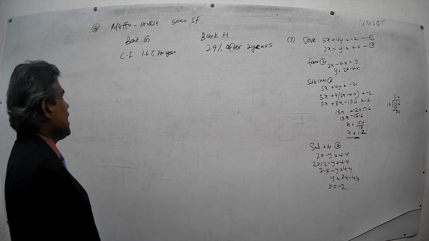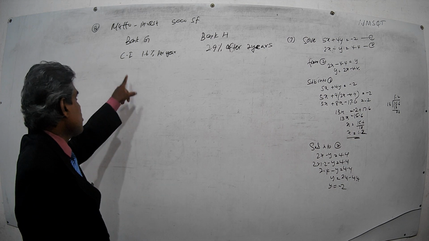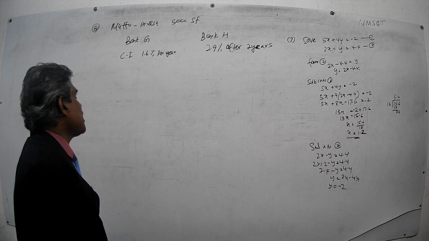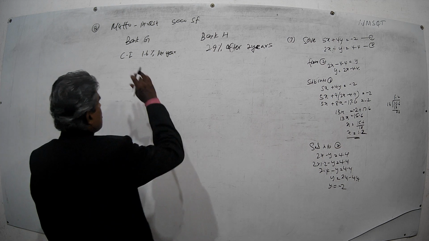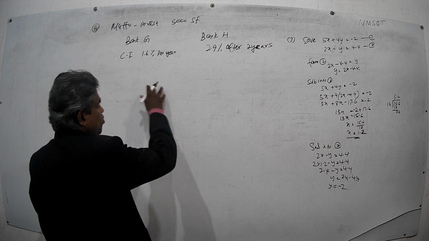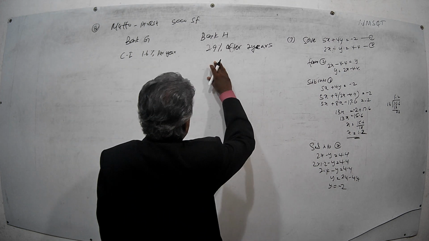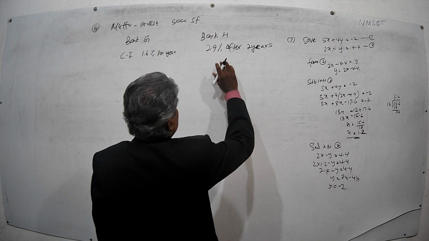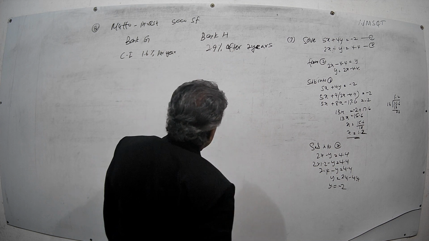But they say that the amount of interest earned by Mato by investing his money in bank G after 2 years is more than the amount of interest earned by Mato by investing his money in bank H for 2 years.